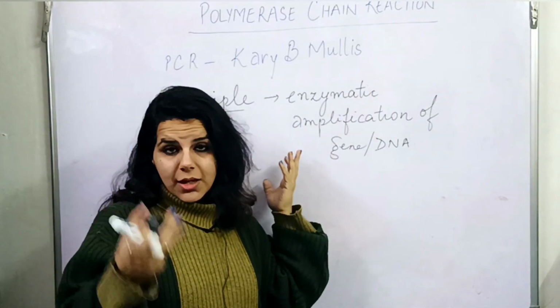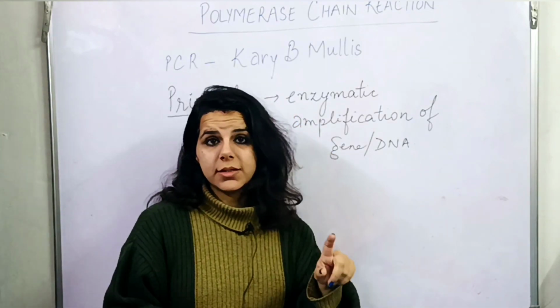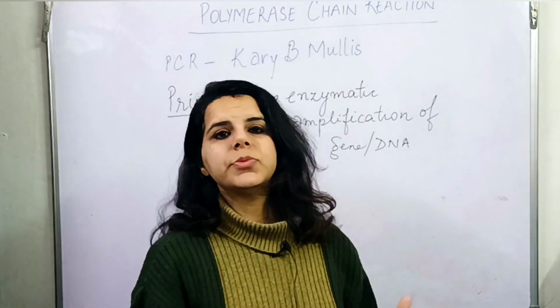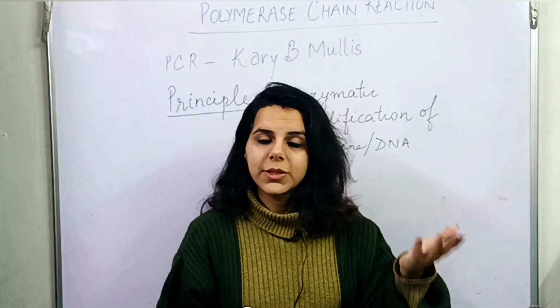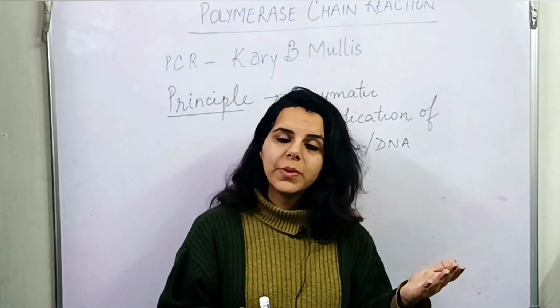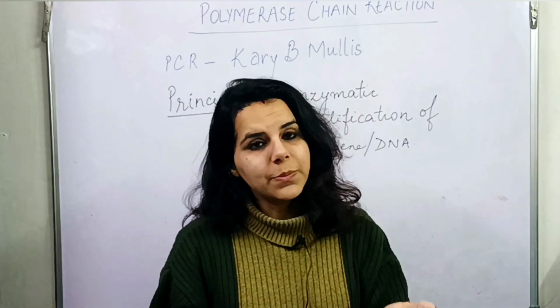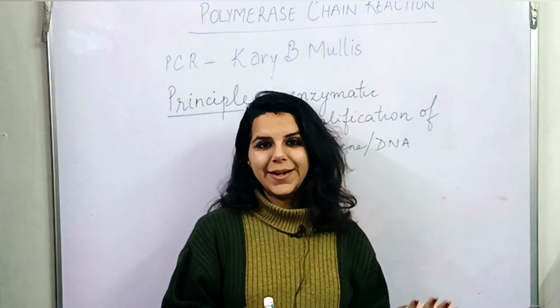Because we are increasing the number of DNA copies. Why are we saying that it is enzymatic? Because in this process a lot of enzymes are involved. So with the help of the enzymes we are making the multiple copies. Hence the principle is the enzymatic amplification of DNA, right?